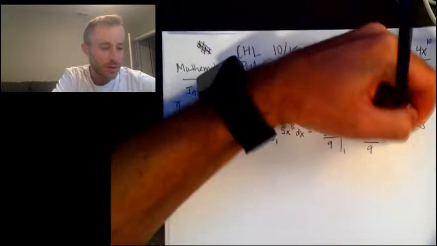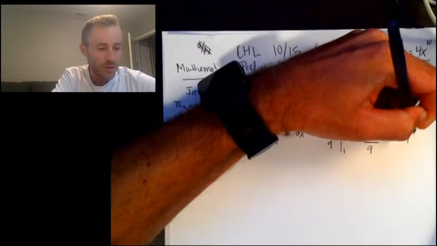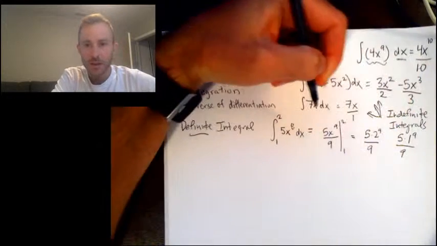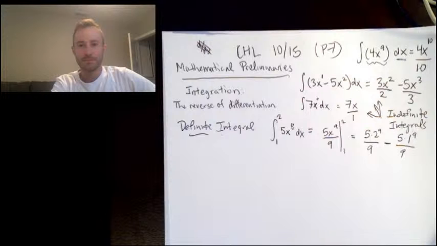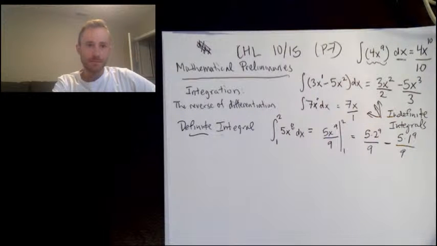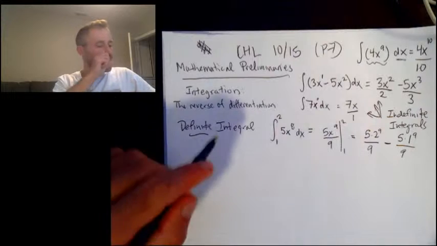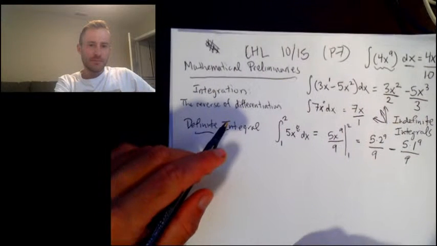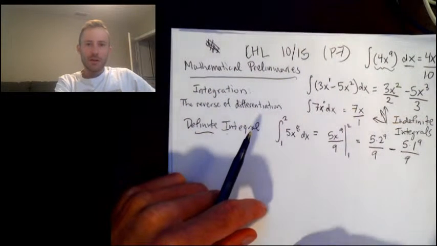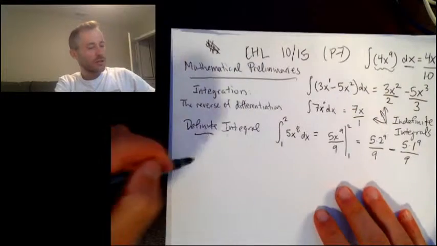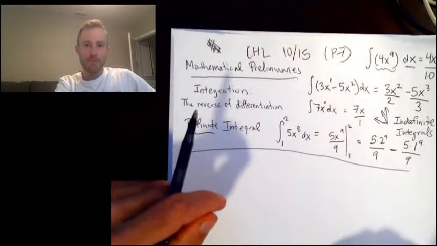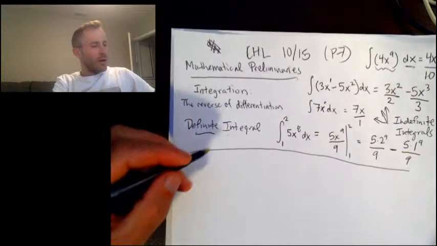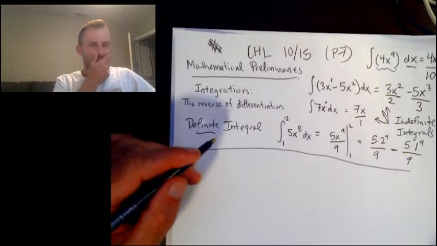The bottom number plugged in, 5 times 1 to the 9th over 9. And we take the top number minus the bottom number, so we subtract them. All right? So this is my little introduction, the mathematical preliminaries that we'll need for this lesson.